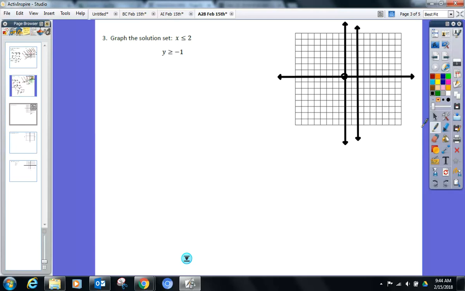y equals -1 would be not a vertical now, but horizontal, dashed or solid? Solid, going through y equals -1. Oops, come on, you're better than that.